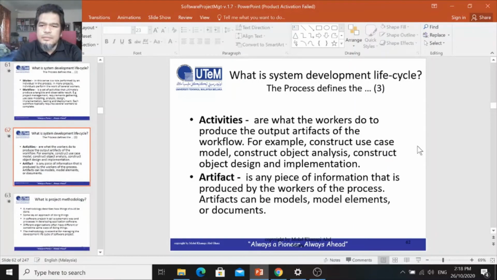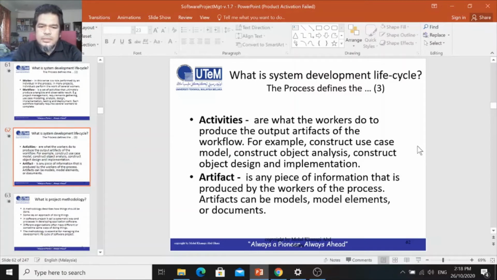So the system development life cycle also defines the activities and artifacts. Artifact means any model, for example, analysis model, design model, requirement model.